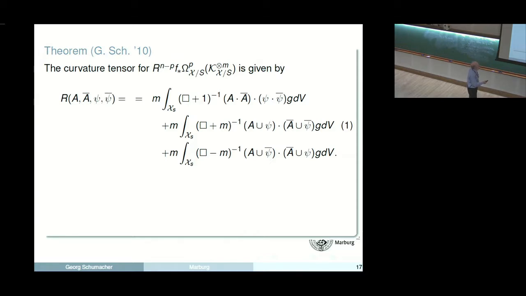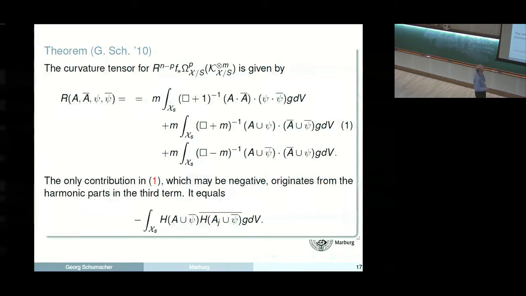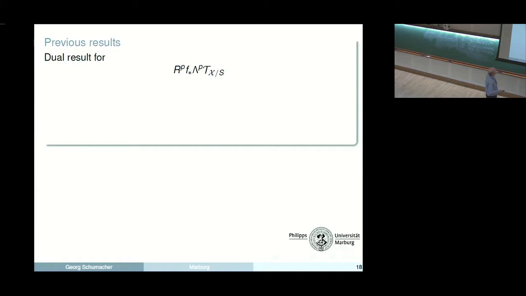One knows, or well, one has to compute the spectrum of the Laplacian here, and there are no eigenvalues in between 0 and m other than 0, meaning that the only negative contribution to the whole thing is this one. If we apply the formula to p equals n, then the third term is not there at all. In dimension 1, the third term also does not exist, and then also the second and the first term are the same. Okay, anyway, so there is a formula, and so it already existed.